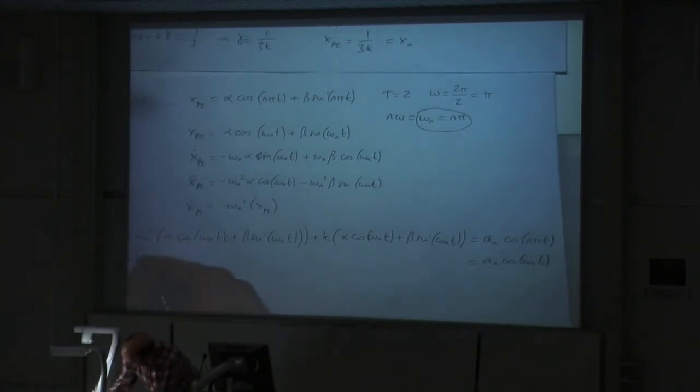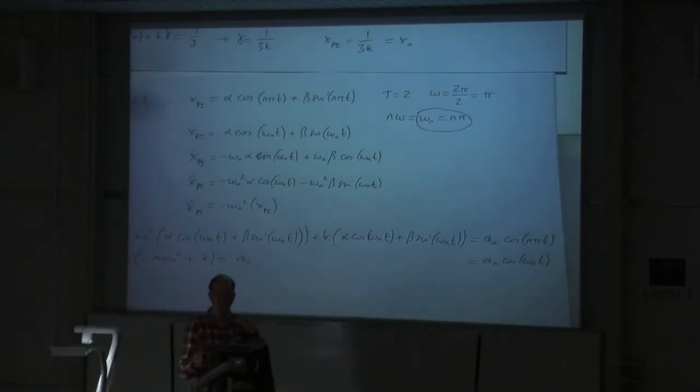Alpha times minus m omega n squared plus k equals a n, because that's all the cosine terms connected together.